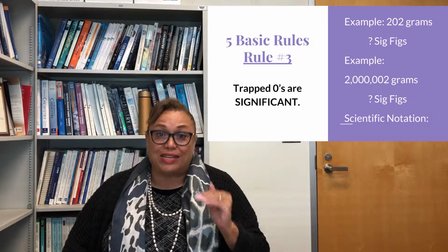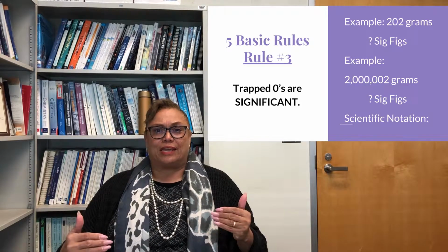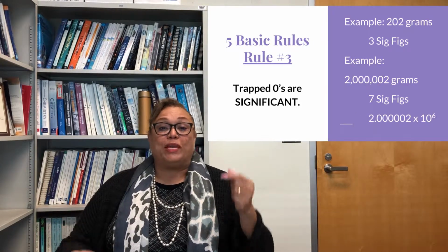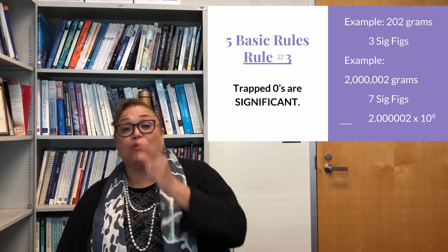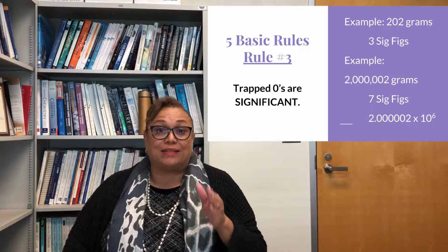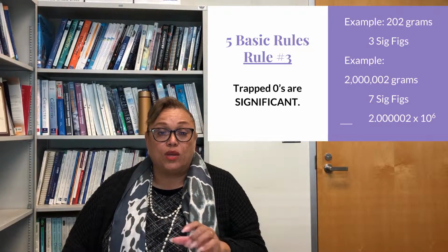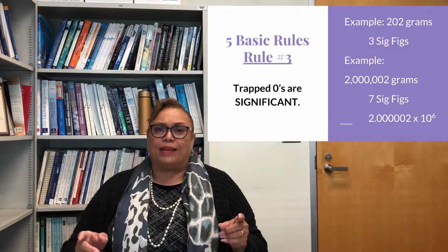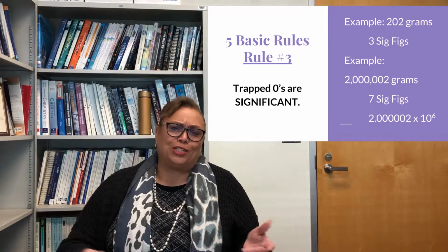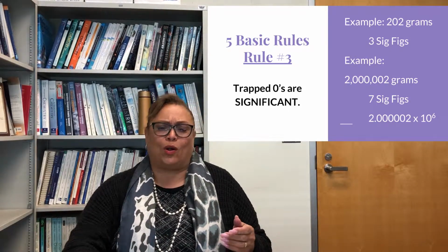They are significant. So to put that into scientific notation, that would be 2.0000002 times 10 to the 6 grams. So you have 7 sig figs. Please remember that. And again, think about money. It just sort of makes it easy for you to recall.